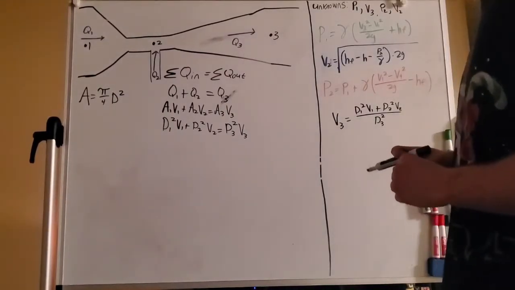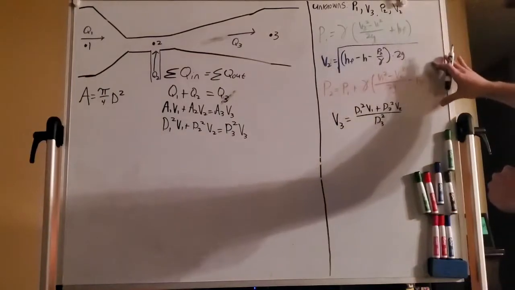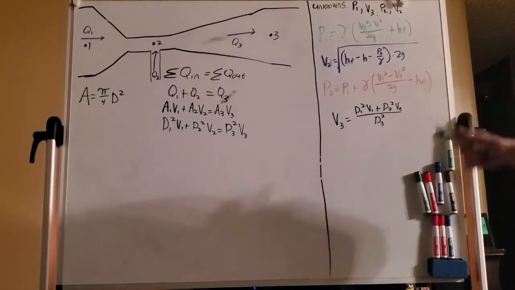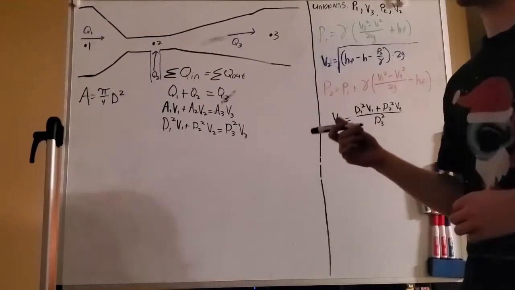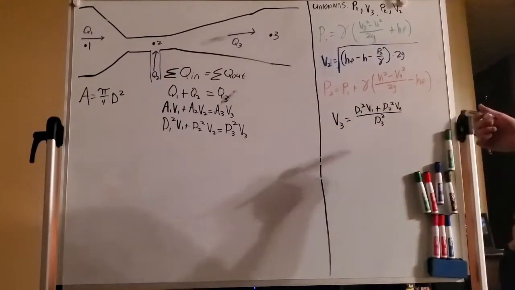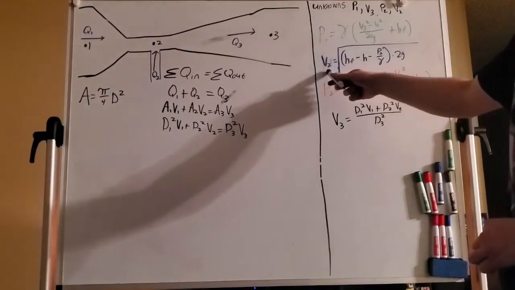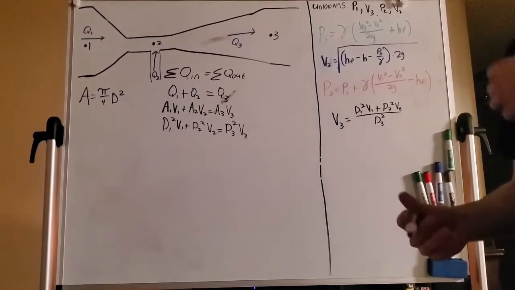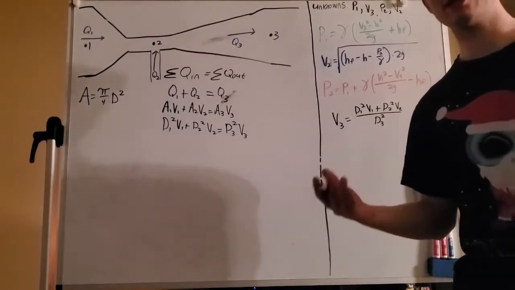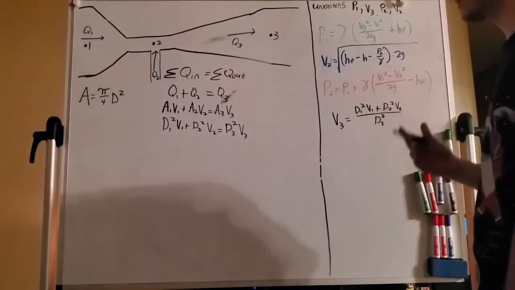Okay, and now that we actually have all 4 of our equations, we can solve this system of equations. Now this system of equations cannot be solved implicitly. It has a circular reference within it, as there is a variable v2 inside of this, and it's just not something you can solve with pen and paper. You need a computer or calculator in order to solve this system of equations.